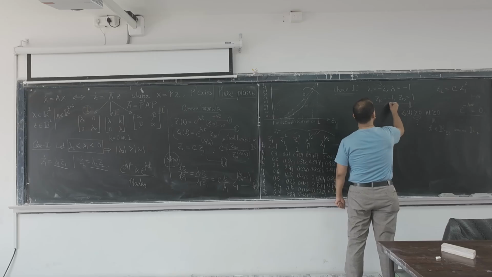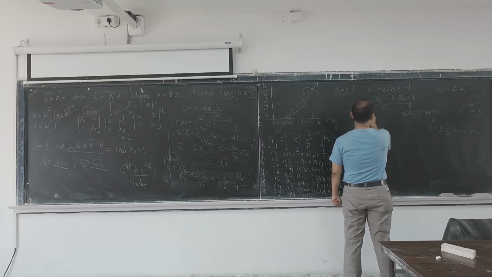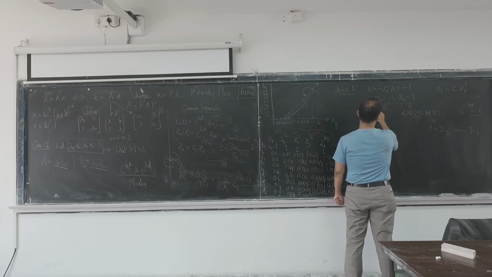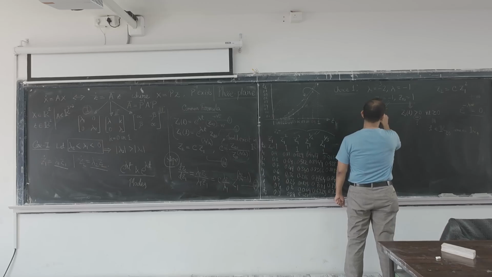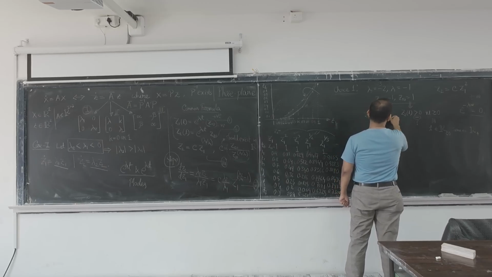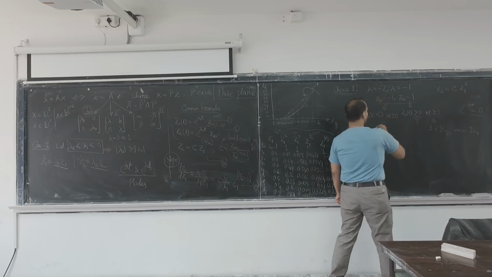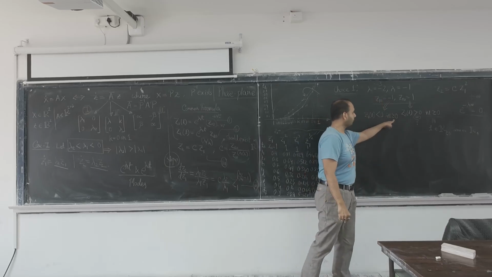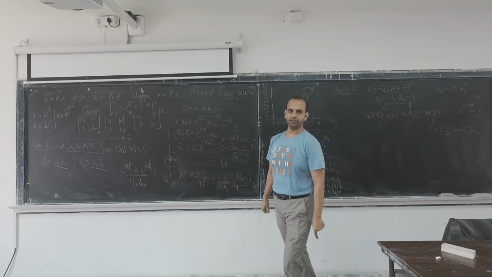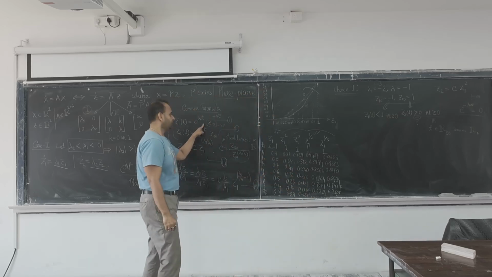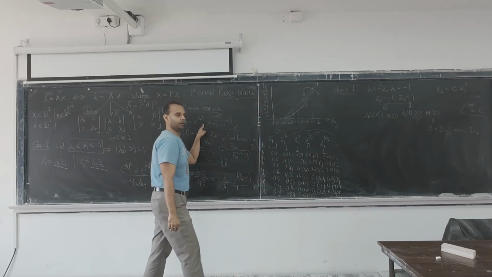And then similarly, Z1t will also be negative for all t greater than or equal to 0, isn't it? Again from this equation, for the same reason.